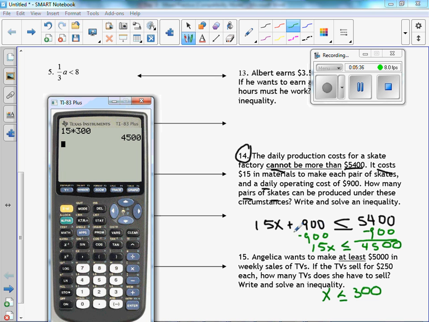You have to add to it the operating costs, and you get 5,400. And that's the most it could be. So the most that x can be is 300. So x is less than or equal to 300.